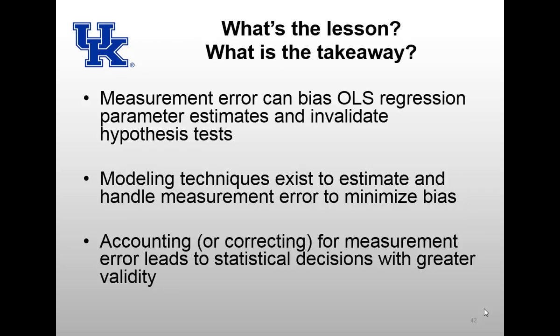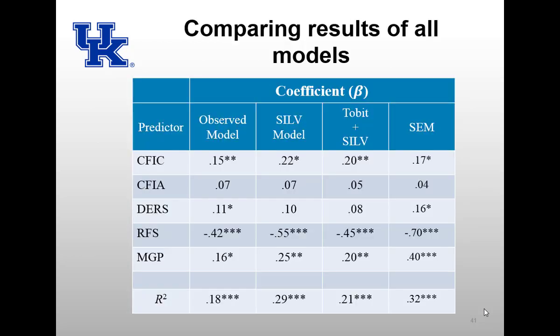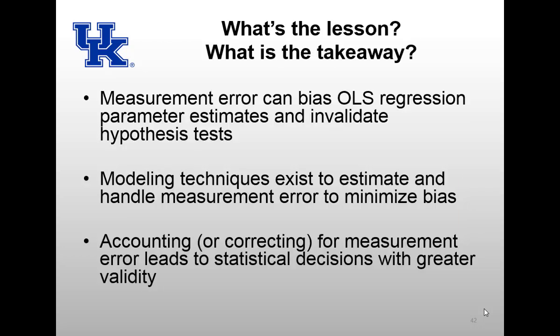So, what should we get from this? Well, the first thing is that, looking back to this table for a second, if we believe that the SEM model is as close to truth as we're going to get, the observed model coefficients are very different. So, the measurement error can bias ordinary least squares regression with underestimates, which will invalidate your hypothesis tests. Their type 1 error rate is not what you think it is.